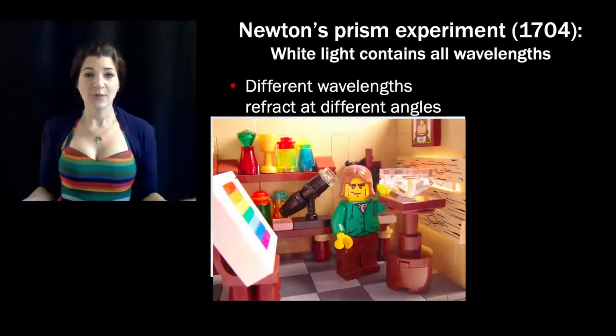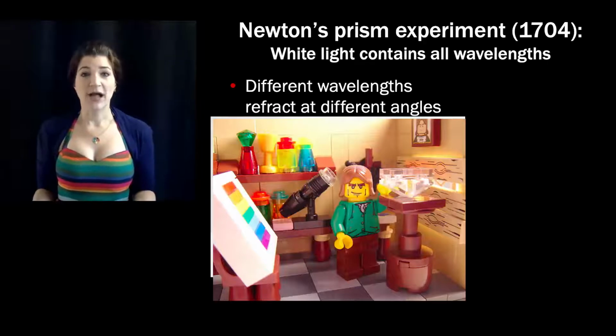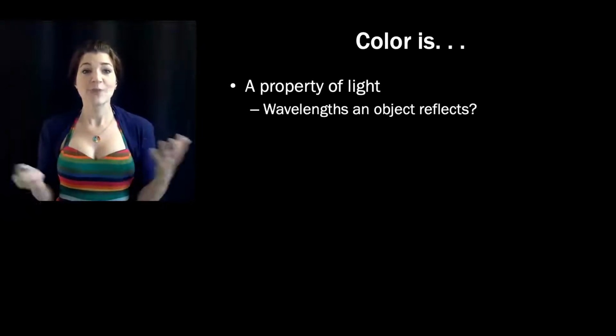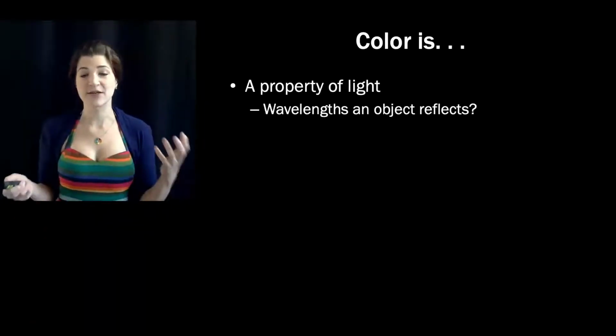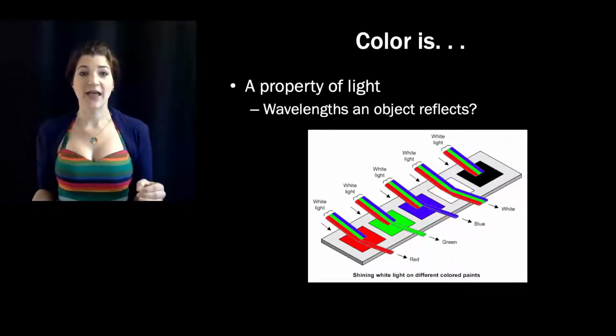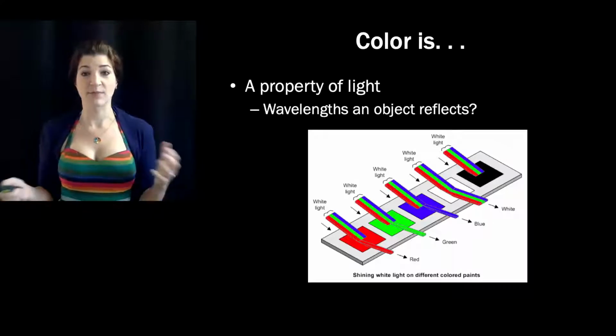So intuitively, you might say, based on what you read, that color is a property of light. Right? We talked about the fact that certain wavelengths are associated with certain colors. So maybe color is just the wavelengths of light that are present. And objects have different colors because they reflect some wavelengths and absorb others.